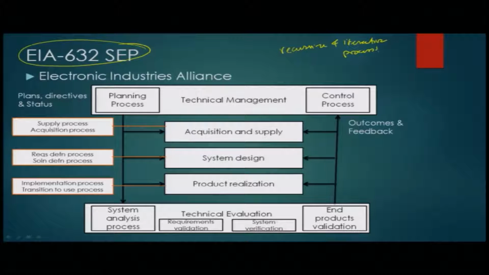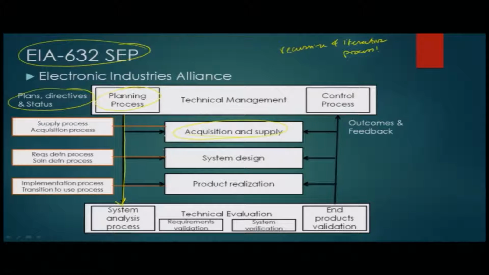So it is quite evident here. The initial part is the technical management process, where it starts with the planning, where the plans, directives and status, the need and the technological advancements come into this picture, from where you follow this line down, where you have the acquisition and supply, where the supply process and acquisition process are part of this.